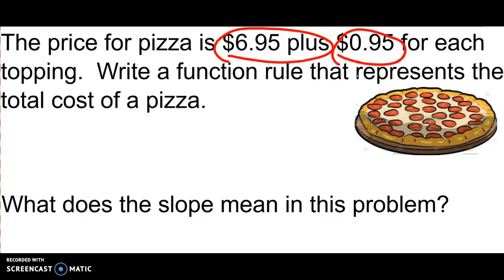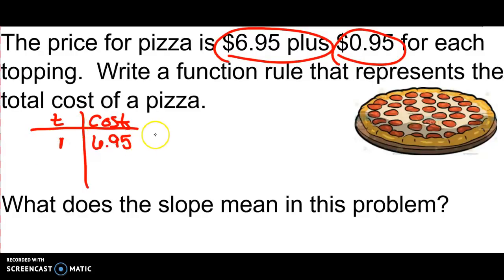So your starting point is going to be $6.95. No matter what, you have to pay $6.95. And then you pay 95 cents for each topping. So let's do our table here, and this is my cost. So T is your topping. Say I get one topping.